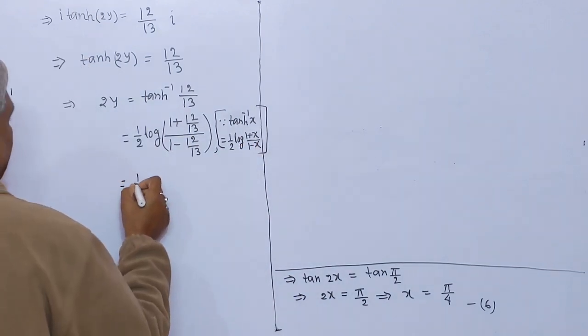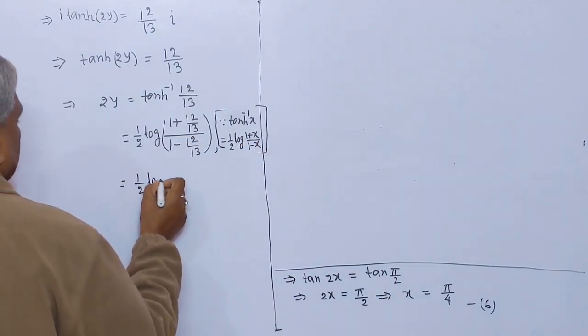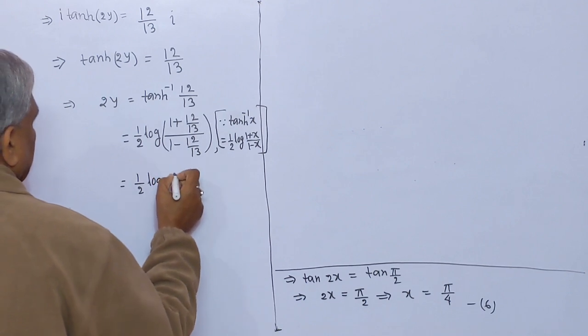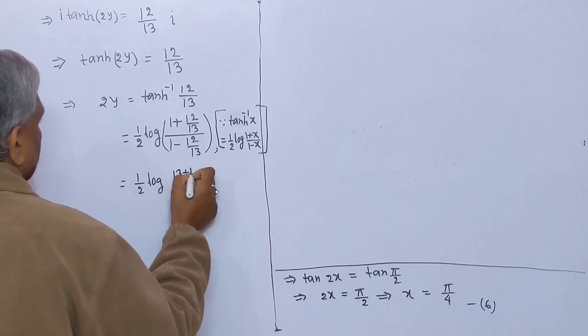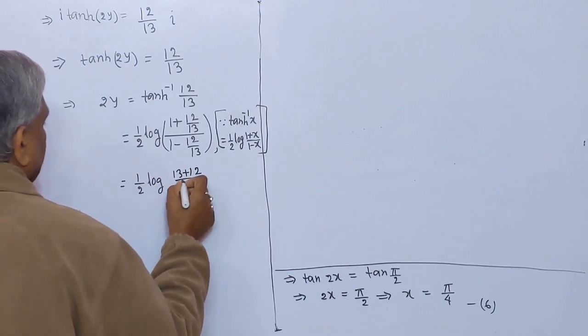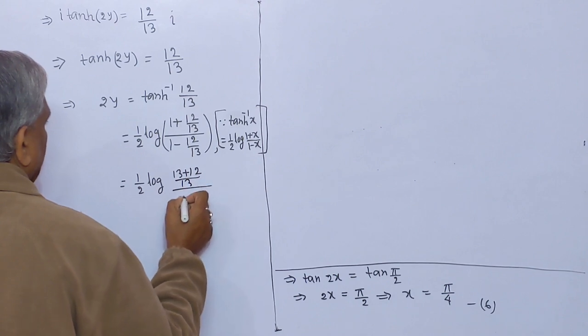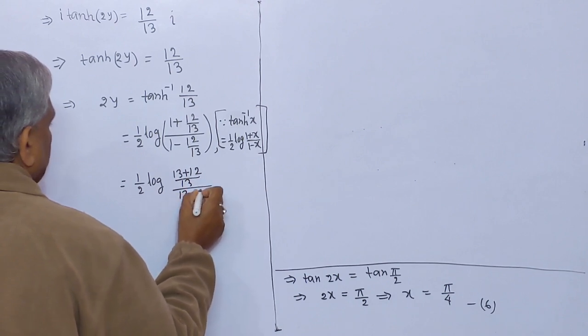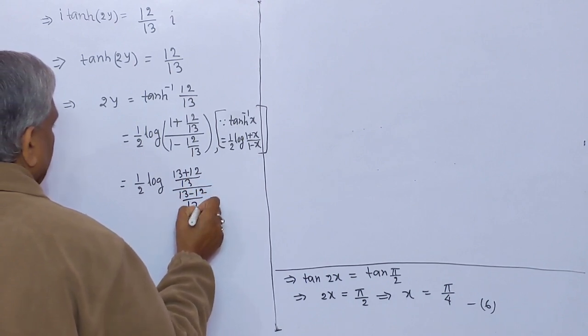This equal to half log (13 plus 12) by 13 by (13 minus 12) by 13.